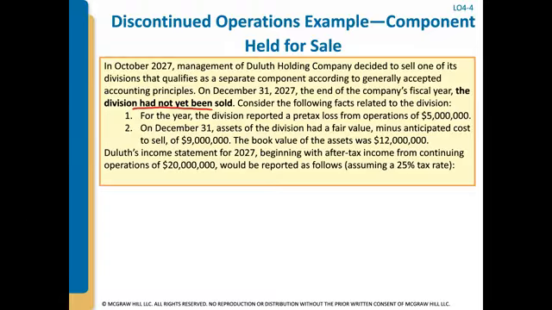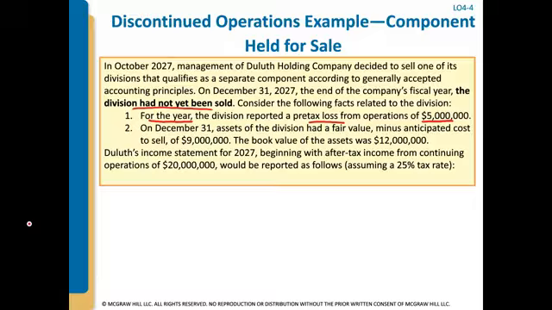For the year, so we're talking about the entire year from January 1 to 12/31, the division reported a pre-tax loss of operations of $5 million. And on December 31, the assets of the division had a fair value minus anticipated cost to sell of $9 million, and the book value of the assets was $12 million.